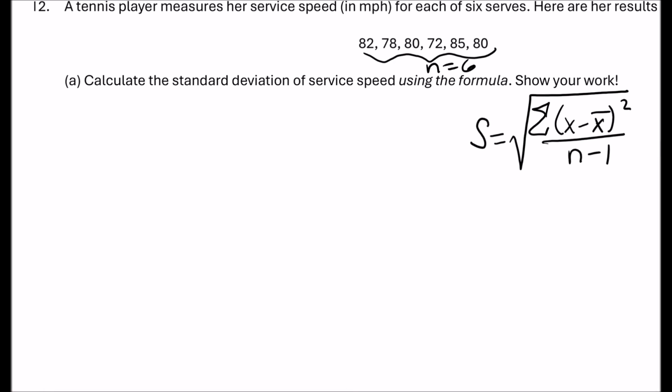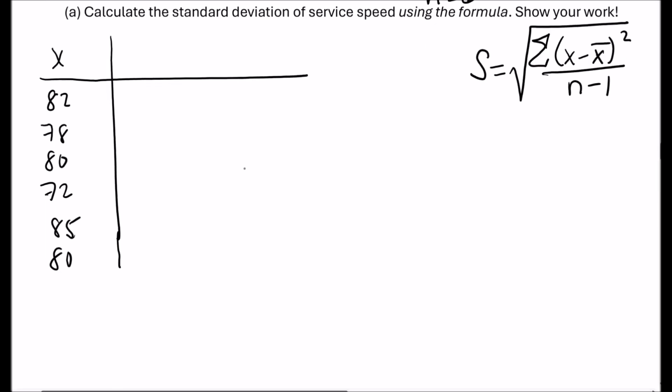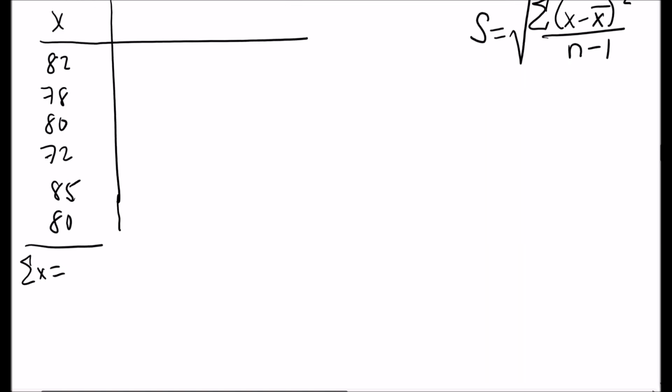And then we need to find the average of those. So we're going to do this in a nice table to show our work. We have 82, 78, 80, 72, 85, and 80. We're going to add these up to get our total. That's sigma x, that means our total.